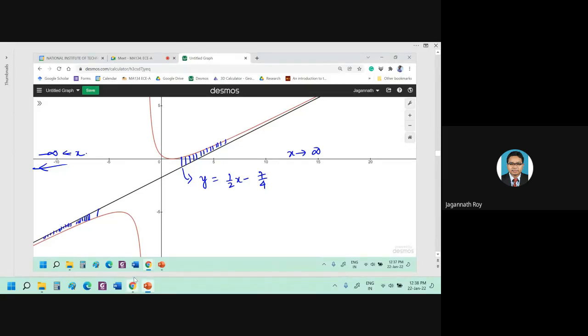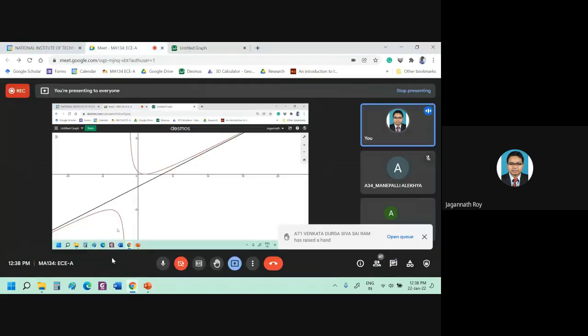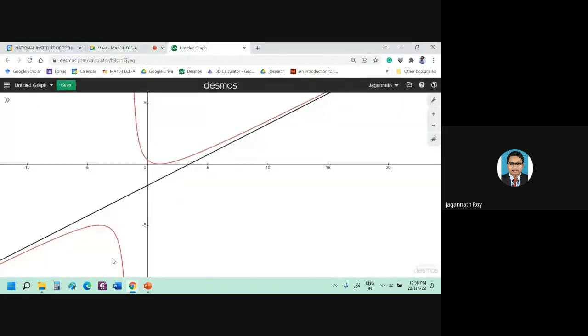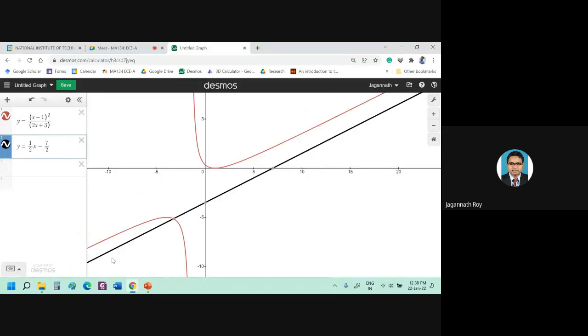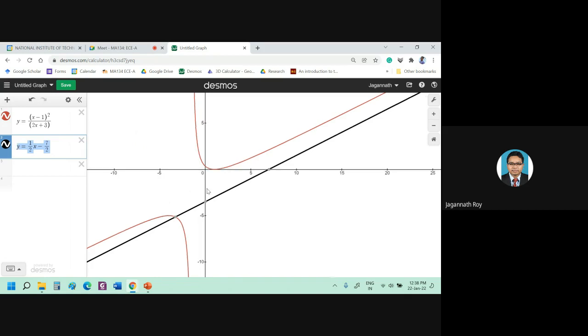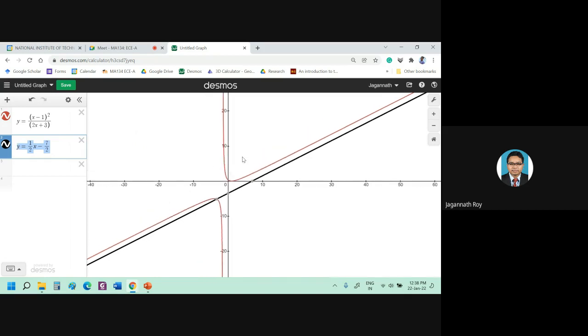You have seen that if you do not calculate the limits properly, just now, if you write 7/2 here, then it is going to intersect. An asymptote cannot intersect. That means we may have made a mistake in calculating the limits. So this graphing plot is a very helpful tool.